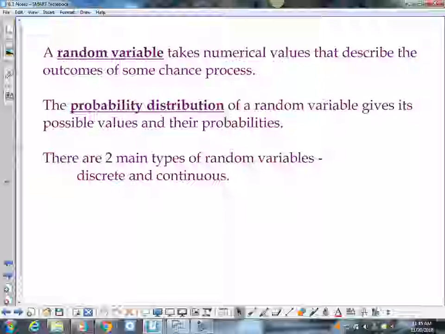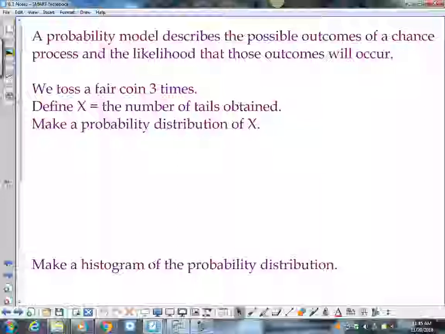So the probability distribution of a random variable gives its possible values, that's your sample space, and their probabilities. And there are 2 main types of random variables: discrete and continuous. A probability model describes the possible outcomes of a chance process and the likelihood that those outcomes will occur.